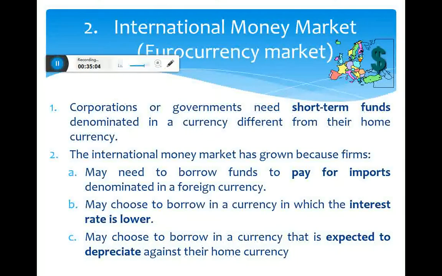They may choose to borrow in a currency that is expected to depreciate against their home currency. Because you need to pay back the loan, people are in search of getting loans in those currencies that are expected to depreciate against the local currency.